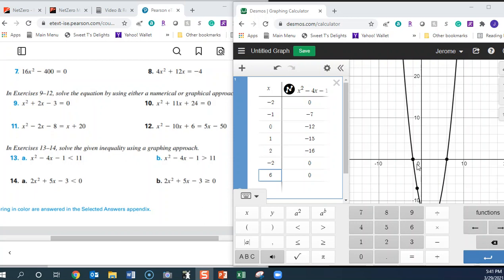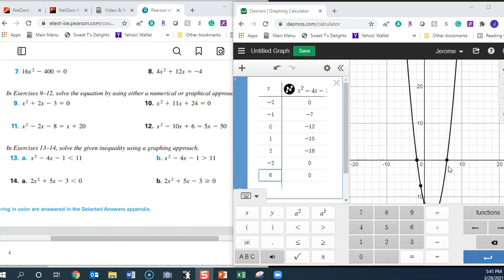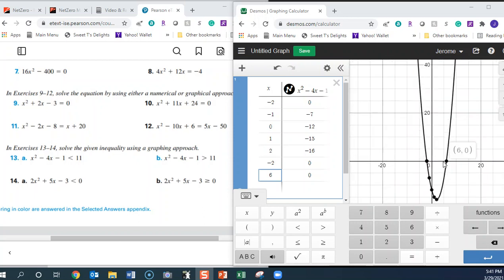It's not values less than x. What this is saying when we're doing the inequality, and we had this inequality is less than 0, they're asking us to give the values that are below the x-axis. So we're talking about all the values that are below the x-axis, which are in between this -2 and +6, because all of these values are below the x-axis or below the 0.